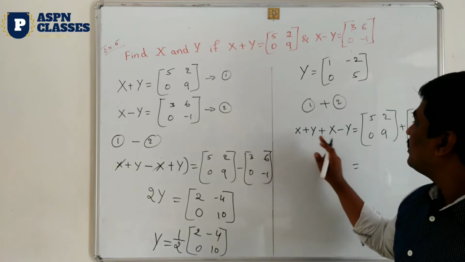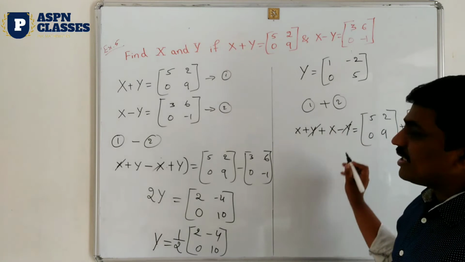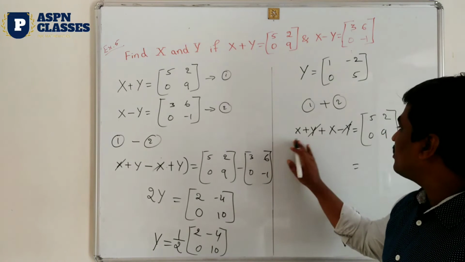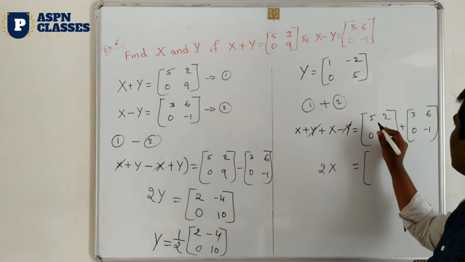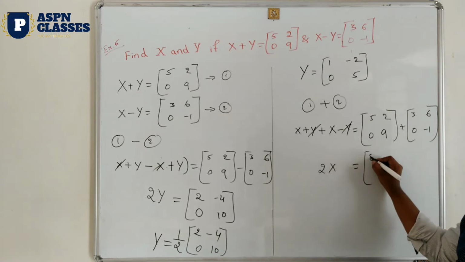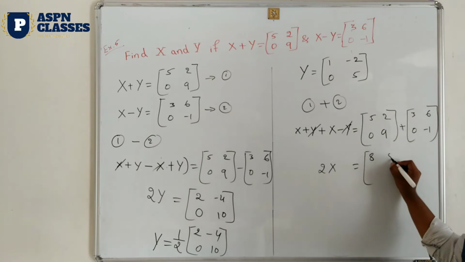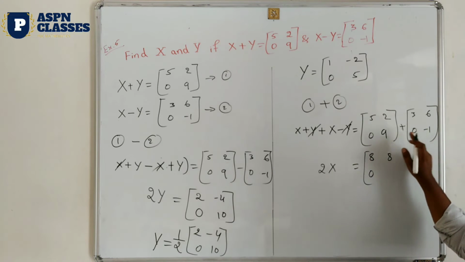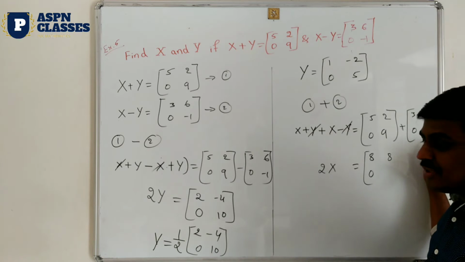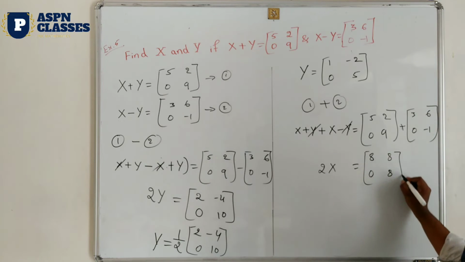Here the y results are cancelled, plus y minus y cancelled, x plus x, 2x is remaining. Then add these two results. 5 plus 3 is 8, 2 plus 6 is 8, 0 plus 0 means 0, 9 minus 1 is 8.